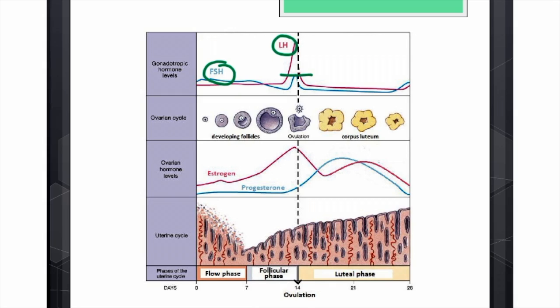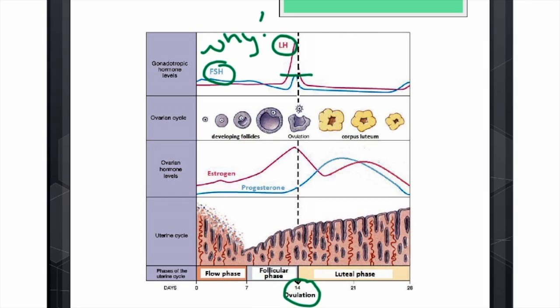You can see LH spiking, and if we look down here, your timing is down here at day 14. So my expectation, and we do have an assignment on this, is understanding why. Why would FSH increase here and why would LH increase? And if we go back to the other tutorial and review our hormones, it's going to start to make sense why these hormones need to be elevated and then decreased at certain times.